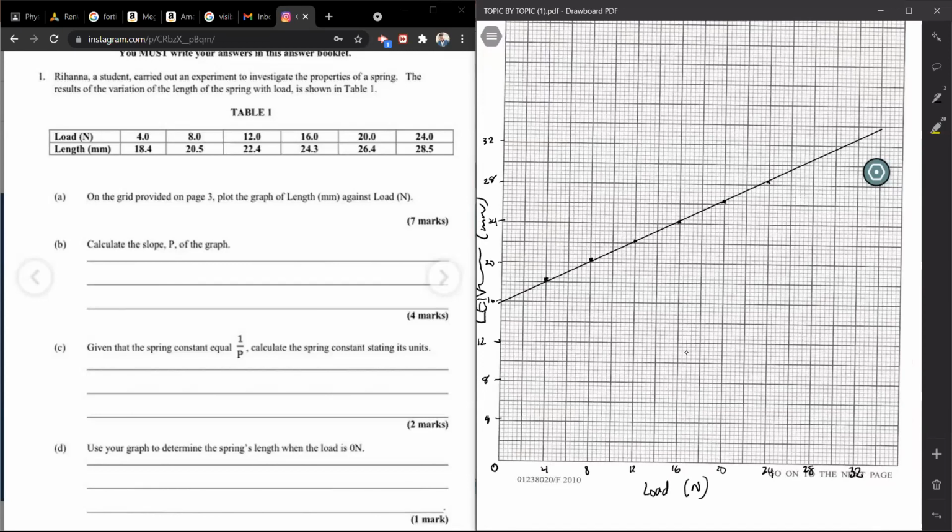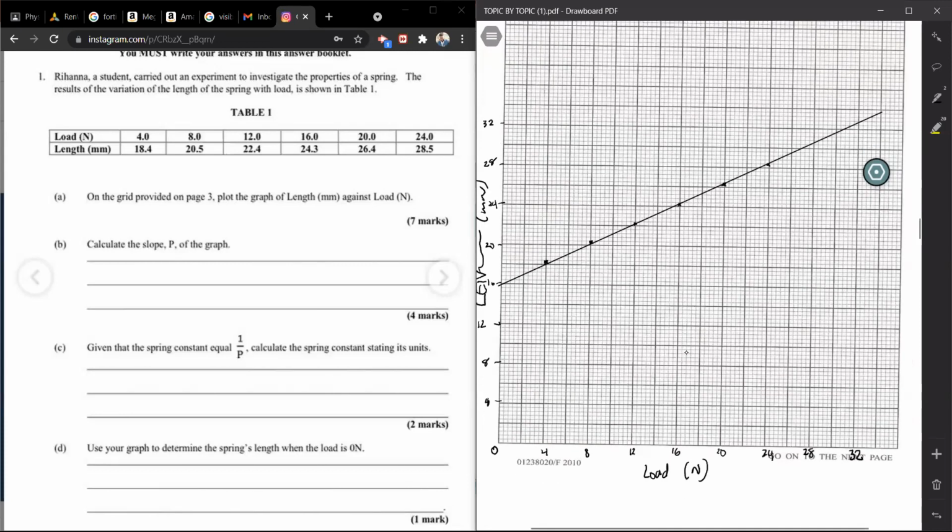But 28 on the load would give me what on the thing there? That would be about 30.6. Isn't 28 on load past what the table gives us?